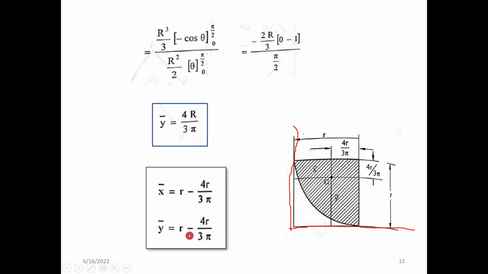Similarly, y bar is equal to r minus 4r by 3 pi, because 4r by 3 pi is measured from this point to this point, so for this coordinate system the total radius minus this value gives r minus 4r by 3 pi.